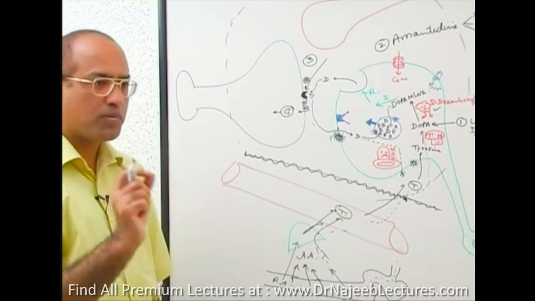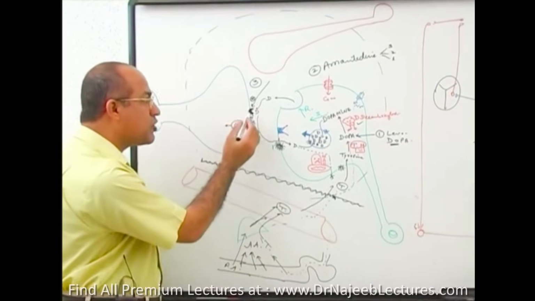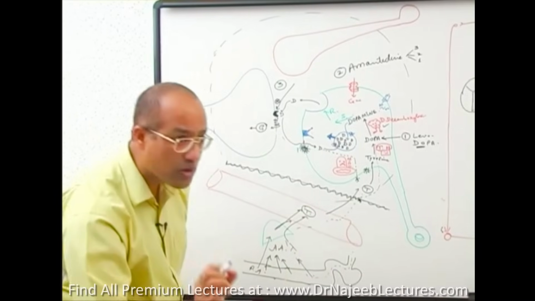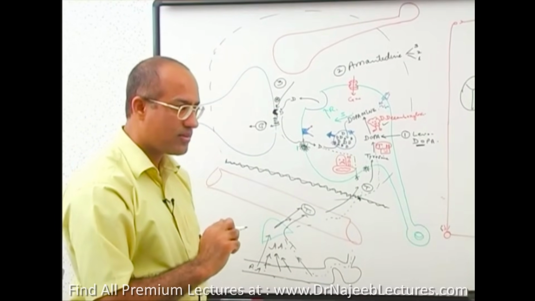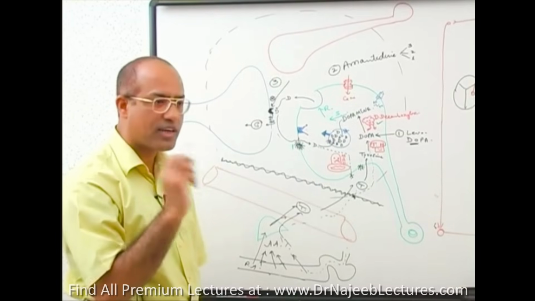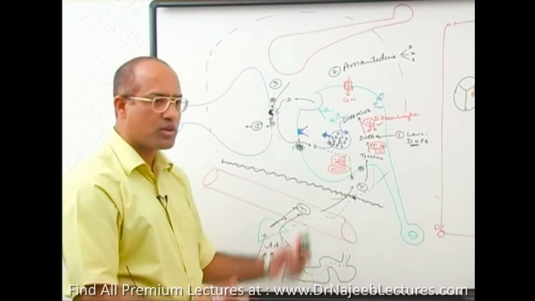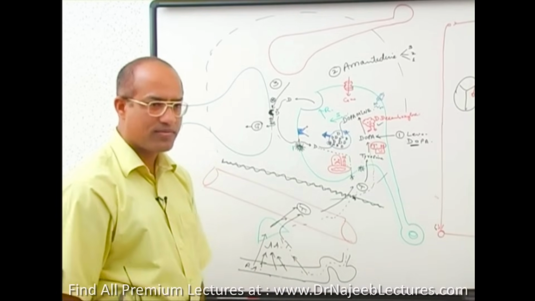These are dopamine receptor agonists, drugs which can bind with the dopamine receptor and also stimulate it. Can you tell me the names of a few drugs like this which can directly stimulate the dopamine receptor? There are many, but we are just thinking about what the strategies could be.